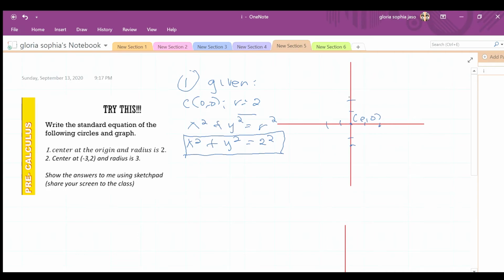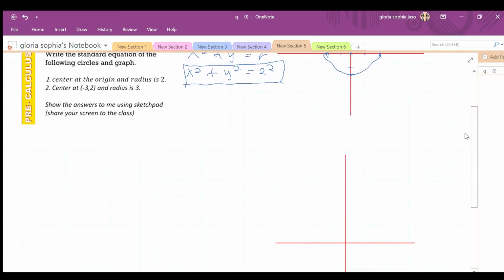Okay. Ayan. So, that's the graph of our circle. Medyo hindi lang perfect, but you can graph it in your GeoGebra. Pag gumamit kayo class ng graphing paper at pencil, napakaganda ng graph nyo.